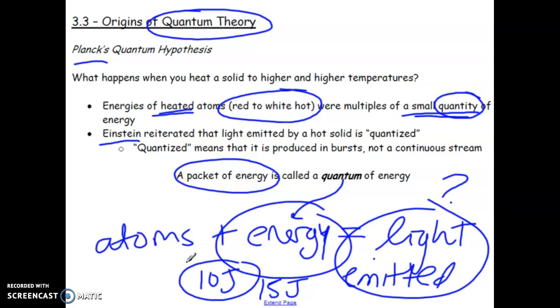What was noticed is that the specific amount of energy that was absorbed was actually the same amount of energy that was released or emitted. So the quantum of energy that an atom takes in is equal to the quantum of energy that the atom will then give off.